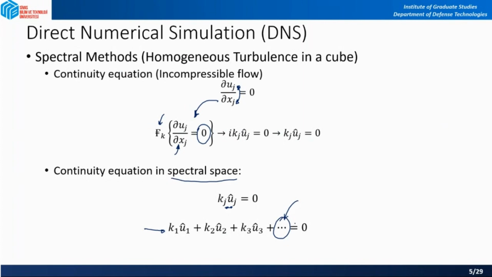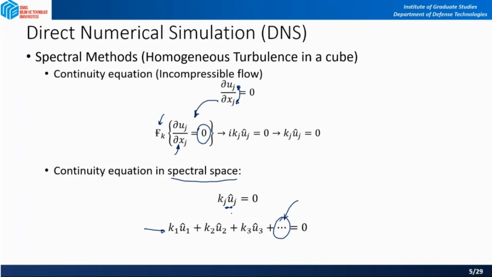I'm not saying as many as possible. It means that j should go as high as the highest wave number in your domain. And the highest wave number corresponds to your Kolmogorov length scale, because the highest wave number corresponds to the smallest scales. If you have wave numbers higher than that, it is irrelevant for you. So you would just need to cut this j at some point.